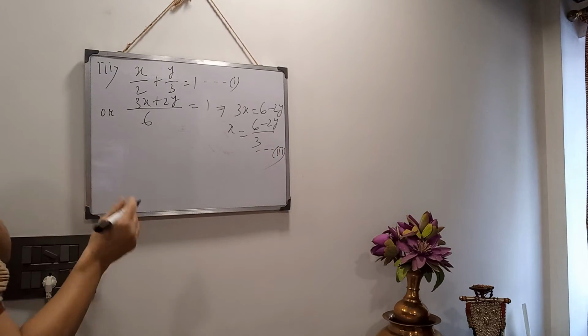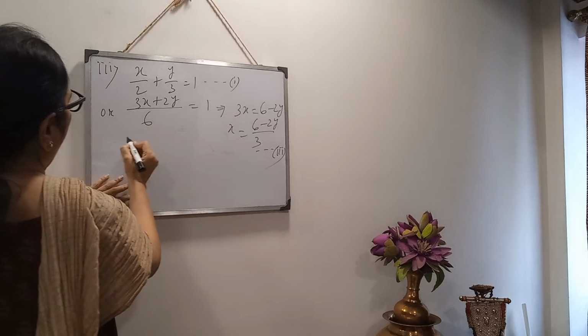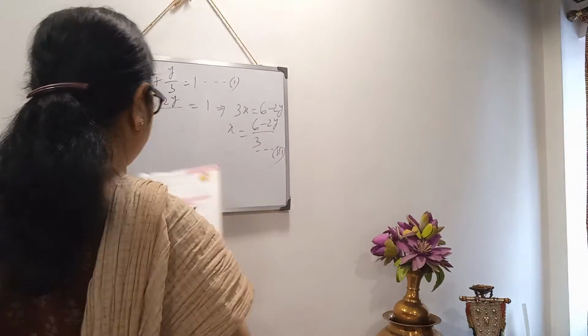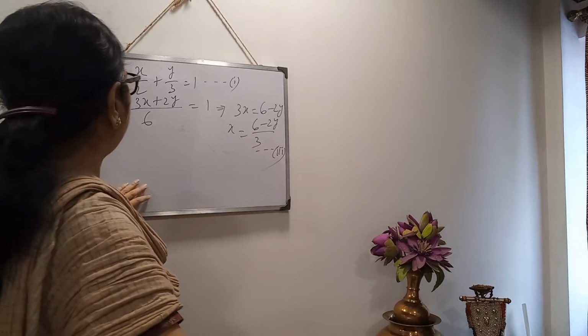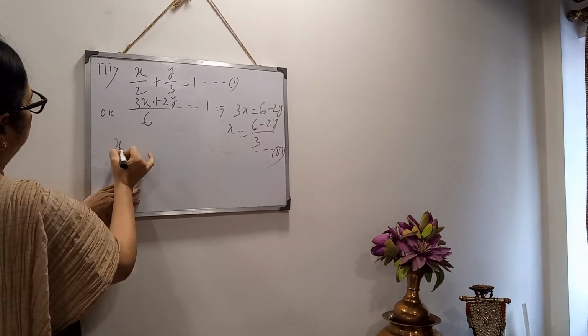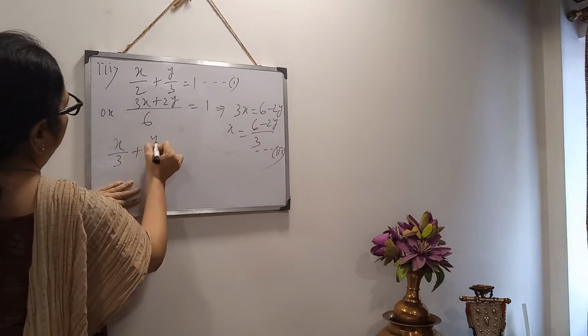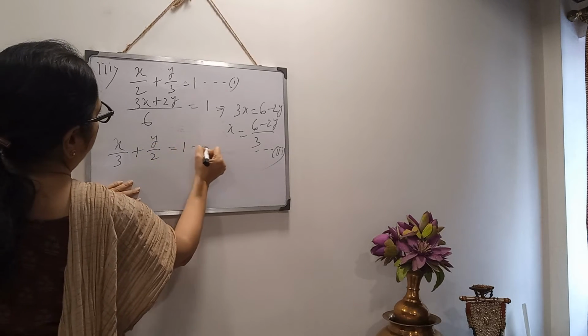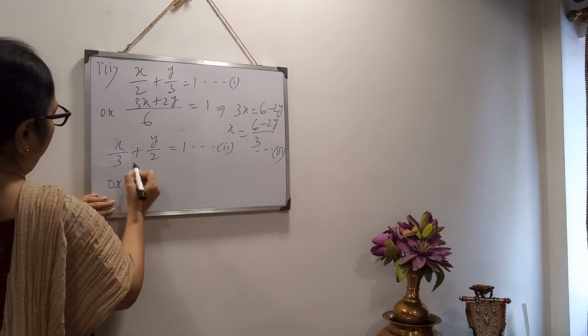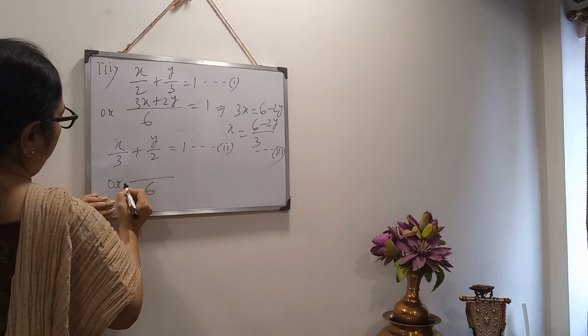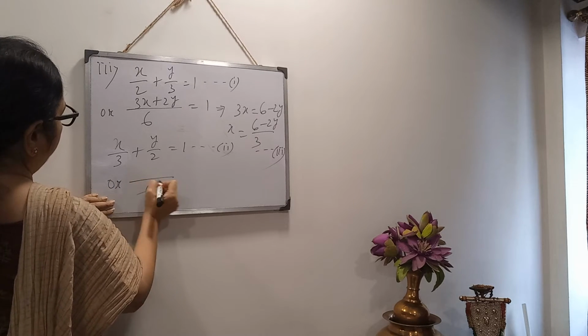Clear? Equation number 3. Now the second equation: x by 3 plus y by 2 equals 1. This is my second equation. So here again cross multiply, take the LCM.